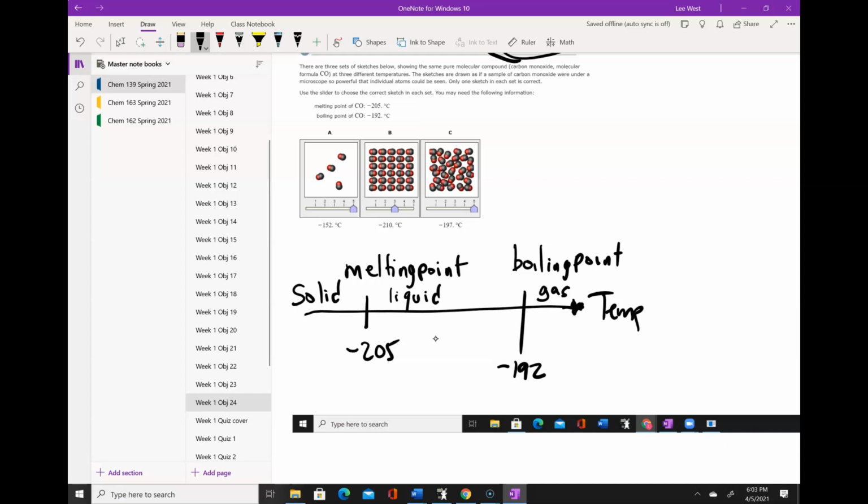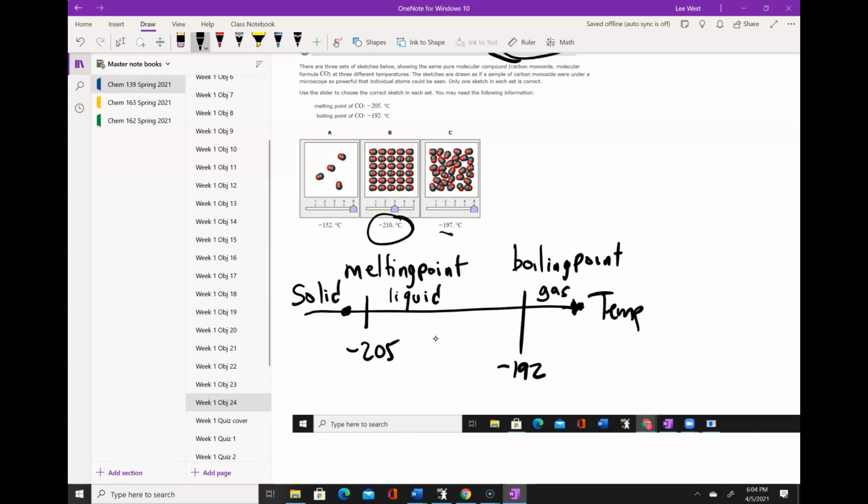All right, the next one is minus 210. So minus 210 is going to be there. So we're lower than the melting point, so we are in the solid area. You can see I've got my carbon monoxide molecules close to one another and they're very organized. My next one is minus 197.